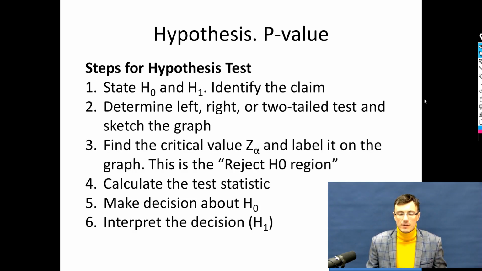So these are the steps for our hypothesis test. We state both hypotheses, the null hypothesis and the alternative hypothesis, and identify clearly the claim. Then we determine which test we use, then find the critical Z value, sketch the graph and label it. Then we calculate the test statistic and make a decision about our null hypothesis.